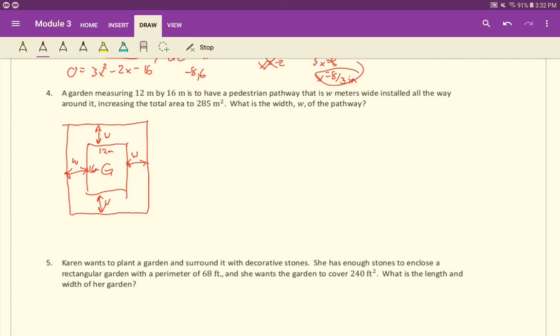So, how can we set this up? Well, we know the area is 285, but what would the area of this rectangle be? Well, what's the length of this side going to be? We know from here to here is going to be 12. What about this, and what about this? Well, they're W. So it's 2 W's and 12, which means it's going to be 12 plus 2W.